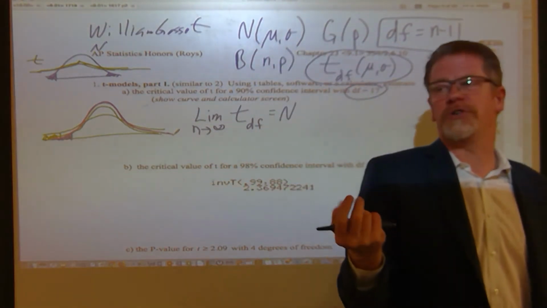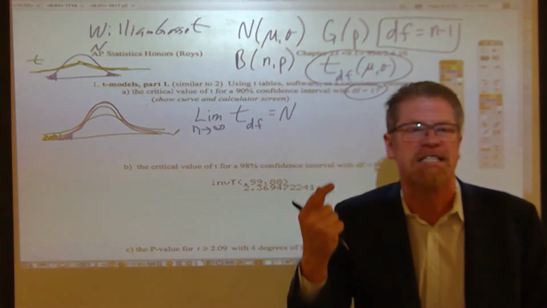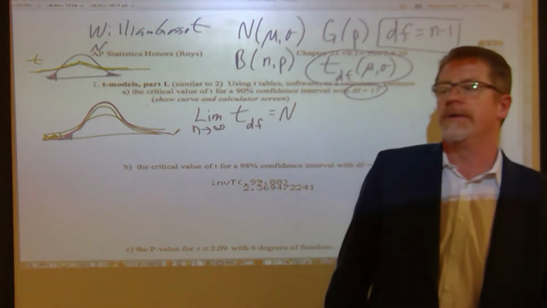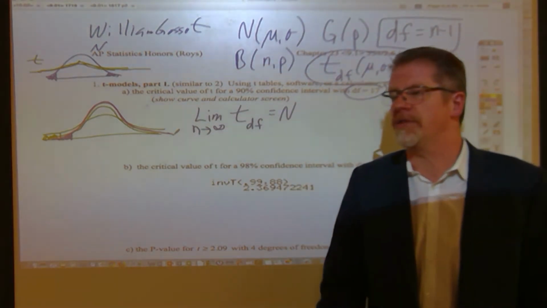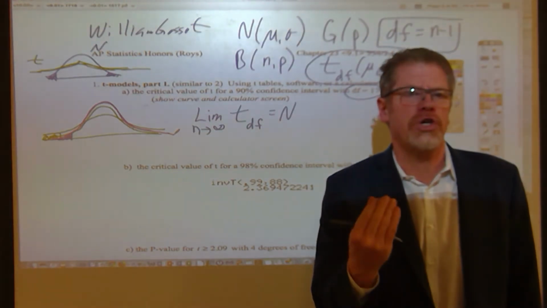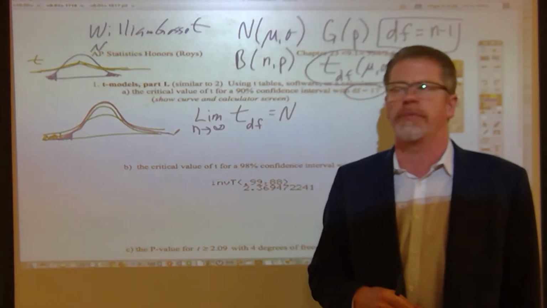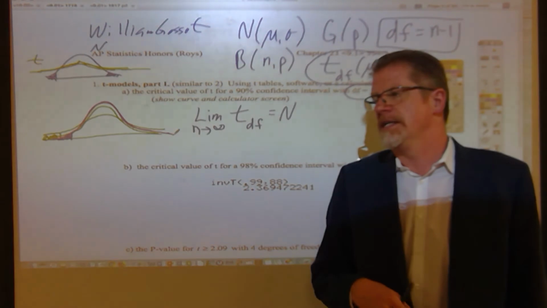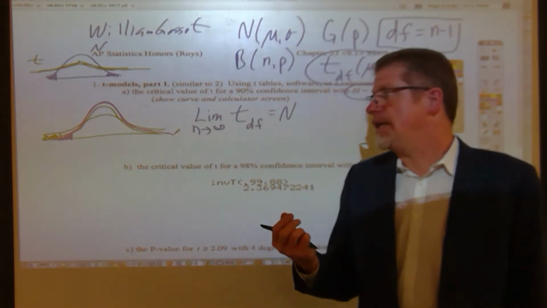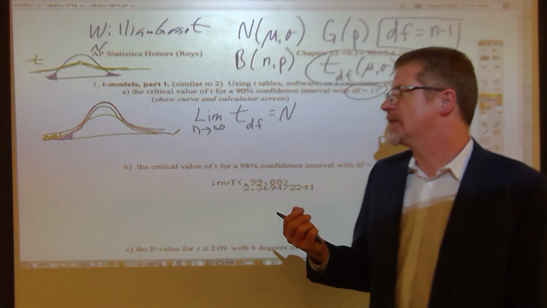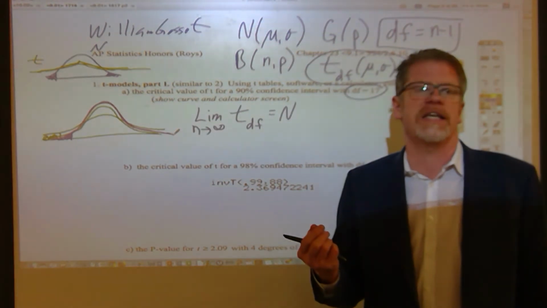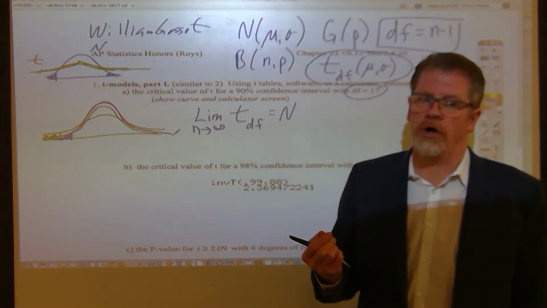So T models are used for small sample sizes, and they're used whenever we care about the true mean, mu, instead of the true proportion. Z is for proportions, T is for means, always.